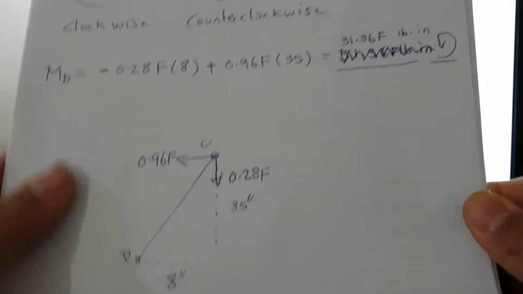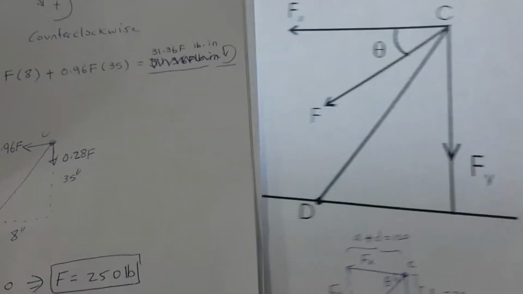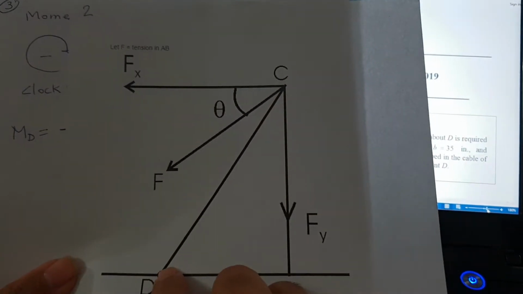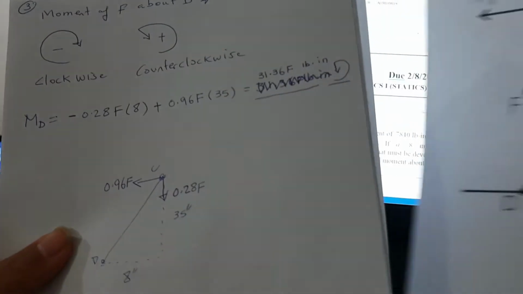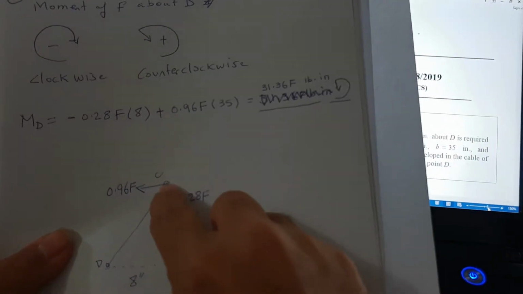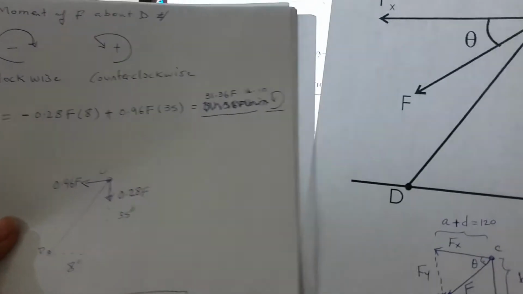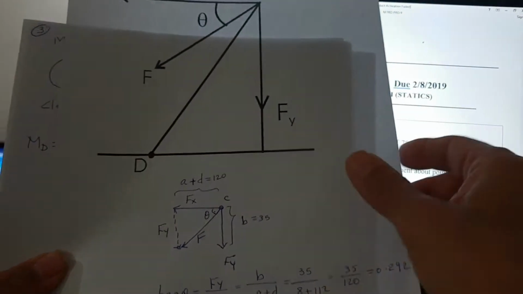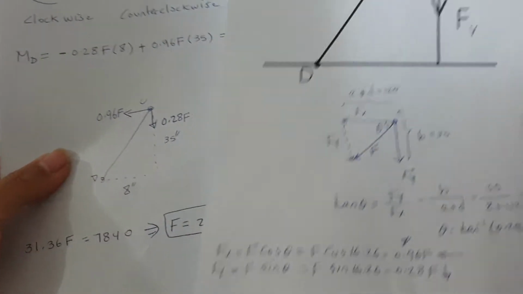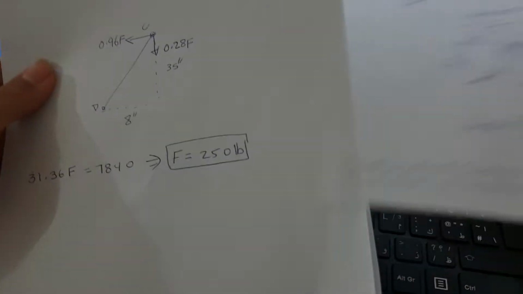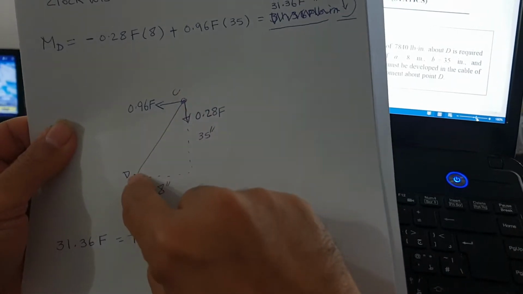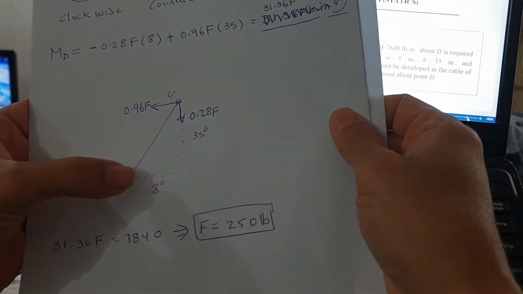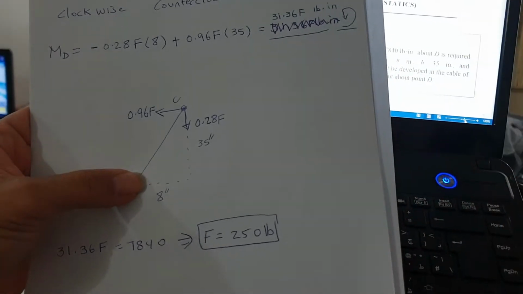So now, let's look at point C to D. Point C has an Fy and an Fx. Fy is equal to 0.28 F and Fx is 0.96 F, and these are the directions. Remember, this is C and D. Let's take moment at D, because we have the moment at D.